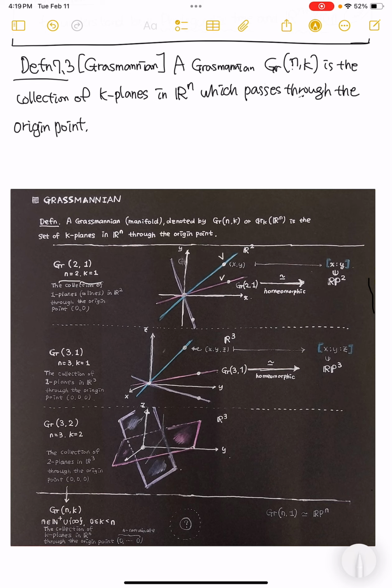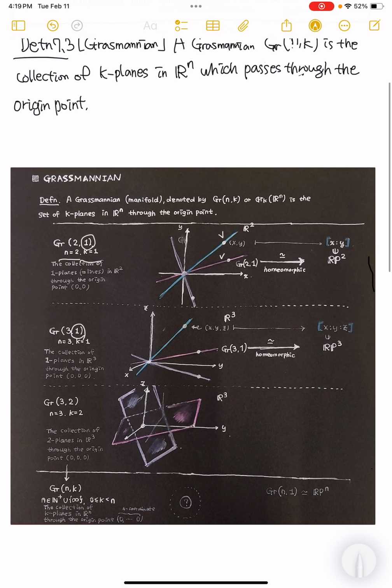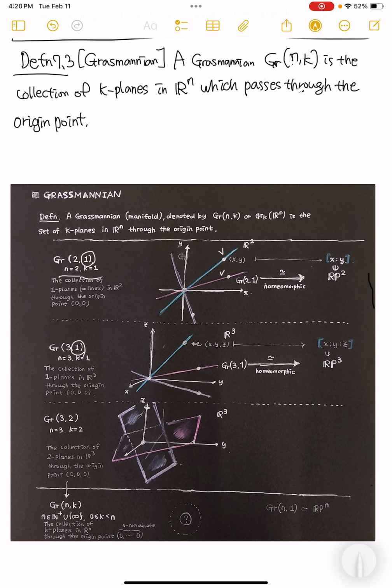And then if n is 3 and k is 1, GR(3,1) means, naturally, the collection of lines in the space R^3. But the line must pass through the origin point. Of course, this is the origin point.